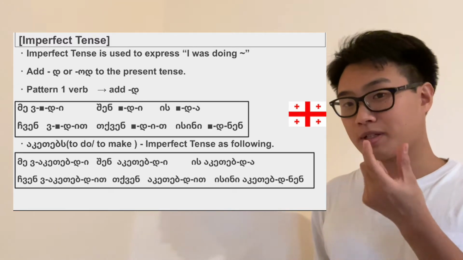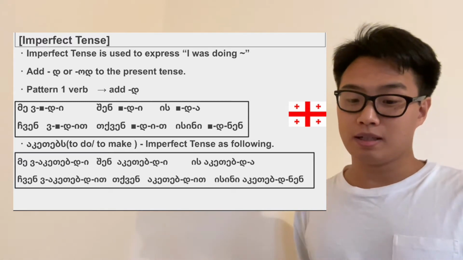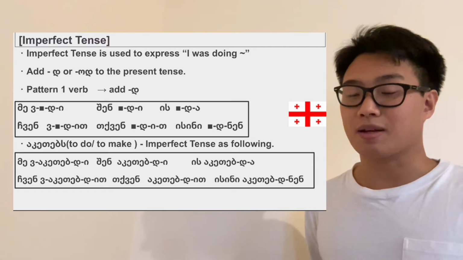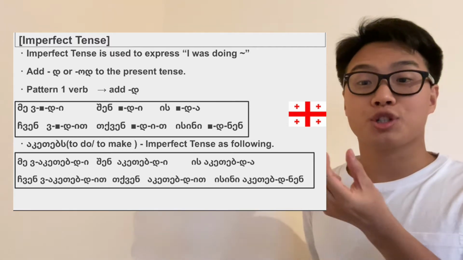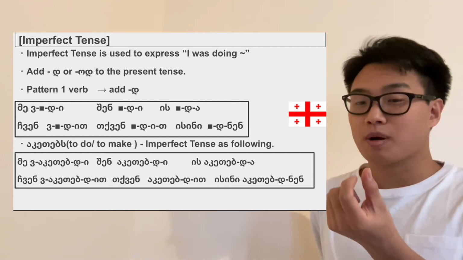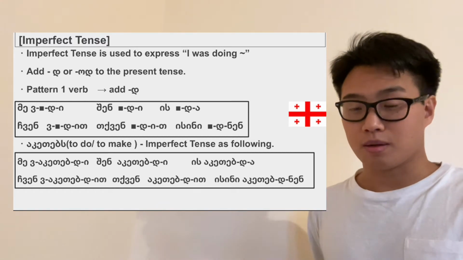Me, v, first person singular form, aketeb, verb root, and di. Me vaketebdi. I was doing, I was making. Vaketebdi. As for shen, we just have to get rid of the first person marker, and that's it. So shen aketebdi, shen aketebdi.